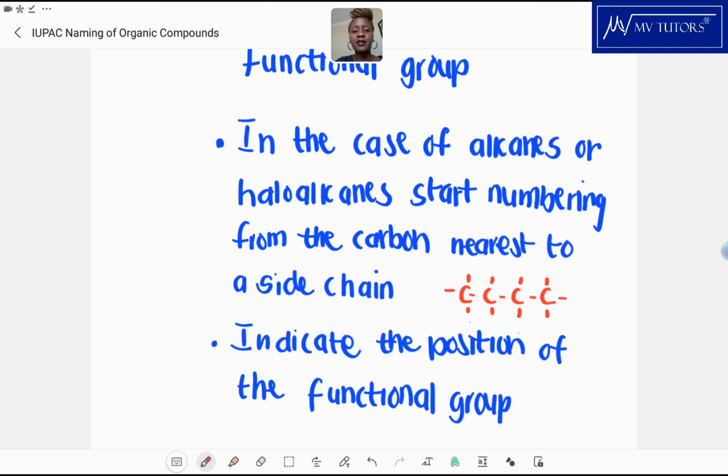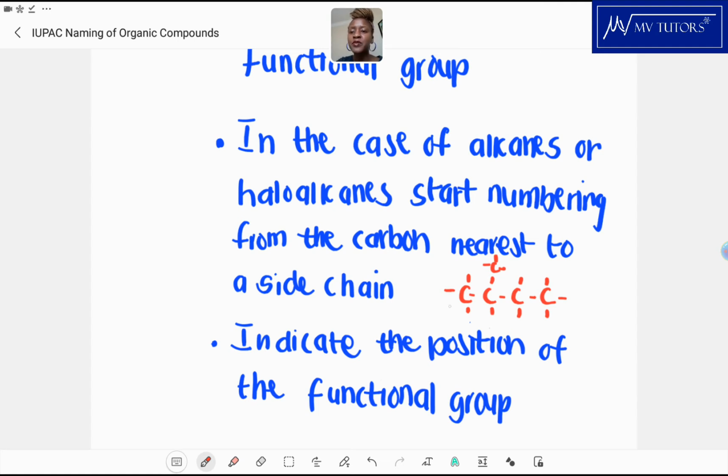I'm not going to write the H atoms there, but it's 4 carbon atoms, and it's a hydrocarbon because it's just hydrogen and carbon atoms. So I have an alkane, and what kind of alkane is it? 4 carbon atoms, so butane. And then I have a branch, or a side chain, somewhere there. So where do I start numbering?